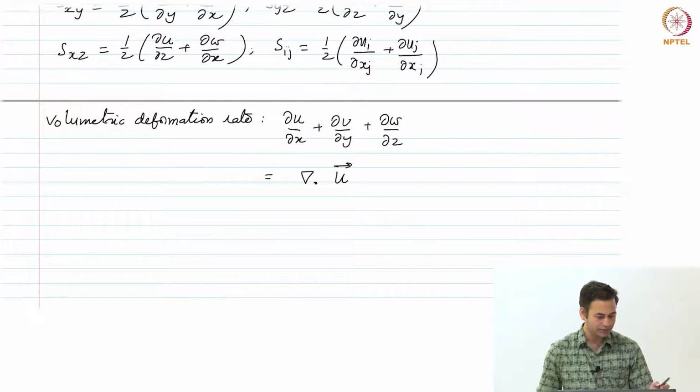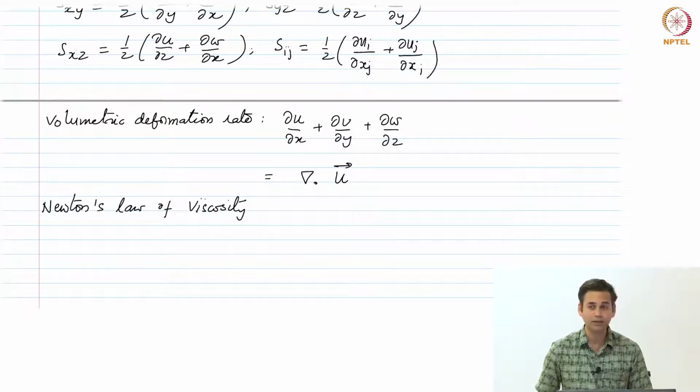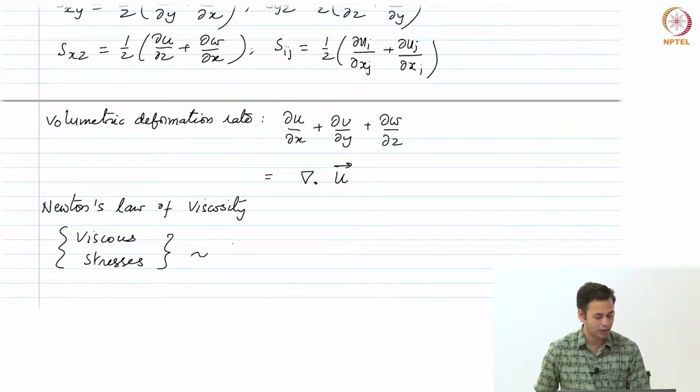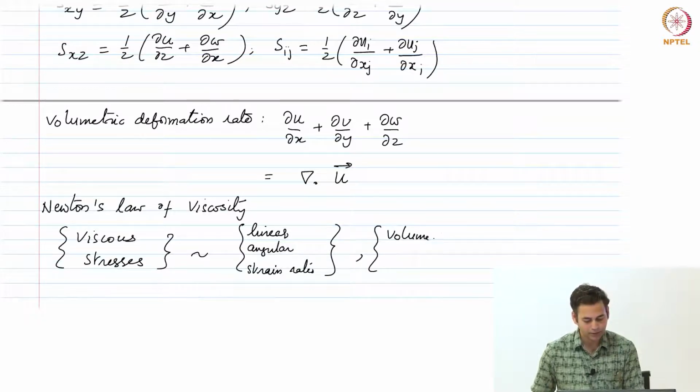If we consider Newton's law of viscosity, then Newton's law of viscosity relates the viscous stresses that we have to the strain rates, and the strain rates are, again, these linear or angular strain rates, and we also have the volumetric deformation rate.